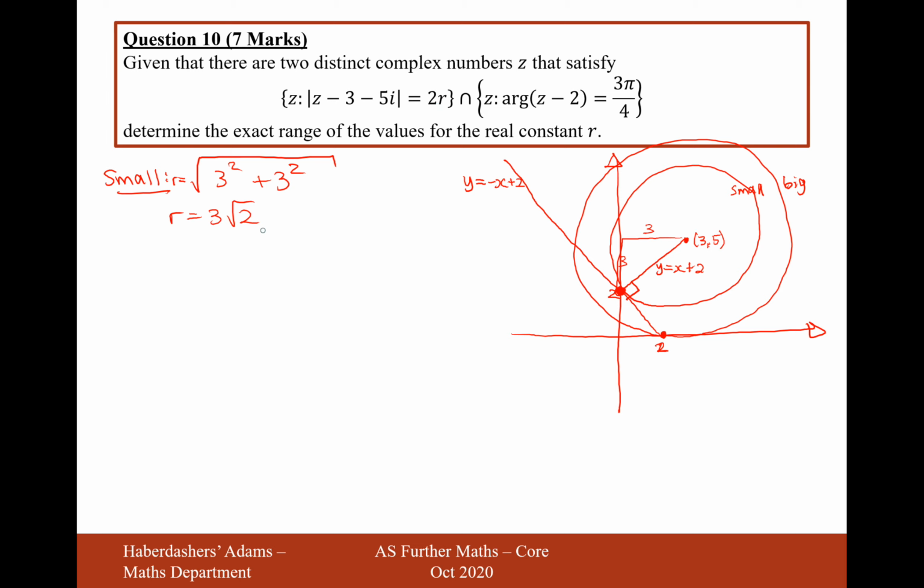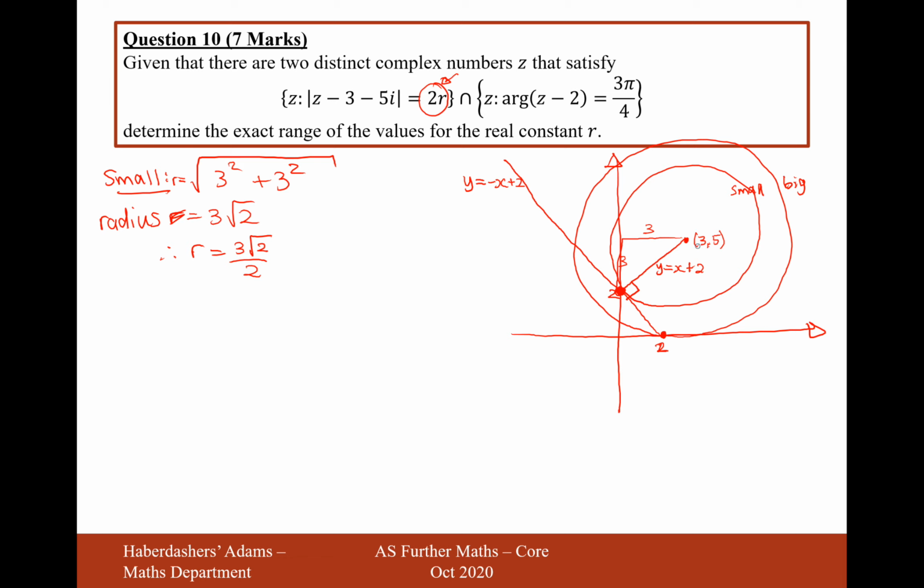So the smallest value for the radius is 3 root 2. But actually the radius here is 2r, so this radius has to equal 3 root 2, and therefore r is going to be 3 root 2 over 2, because for some reason on the end here it says it's equal to 2r.